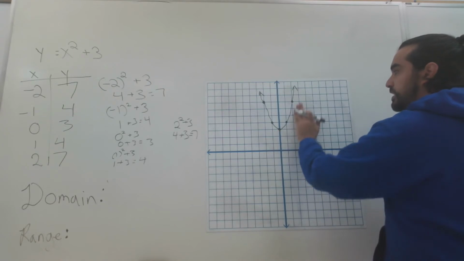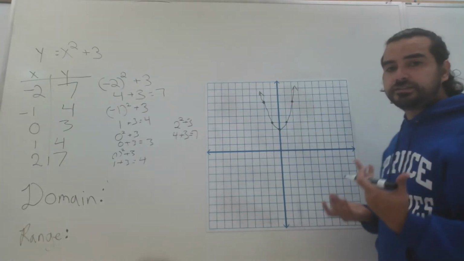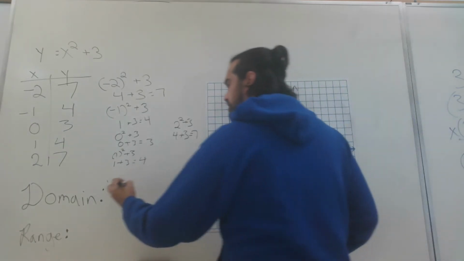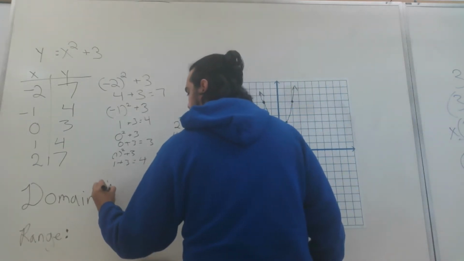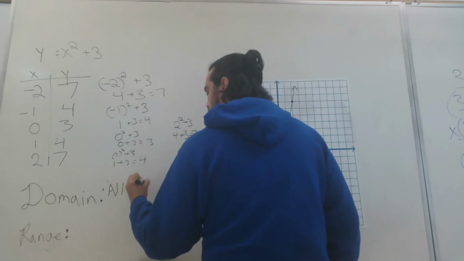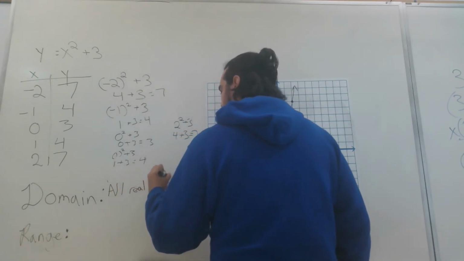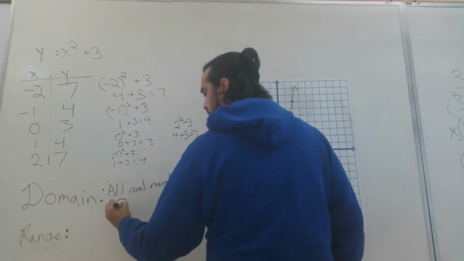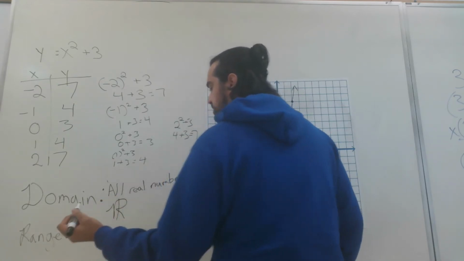Now, if I go to the right, it's the same thing, and it's going to continue. So what we are going to say is all real numbers, or the symbol for it.